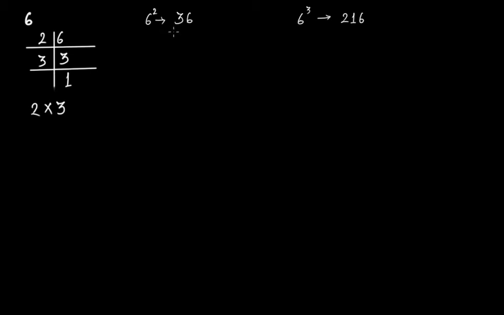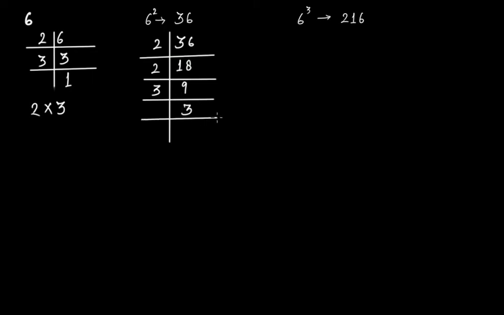Now if you find the prime factorization of 36, then it will be 2, 18, 9, then you have 3 and 3. So the prime factorization of 36, that is the square number of 6, is 2 multiplied by 2 multiplied by 3 multiplied by 3.